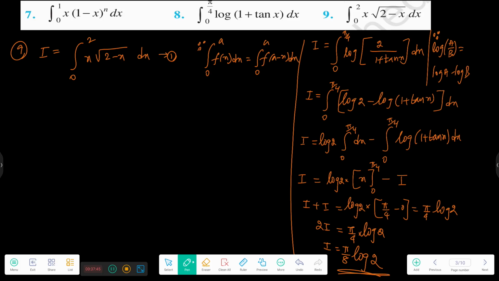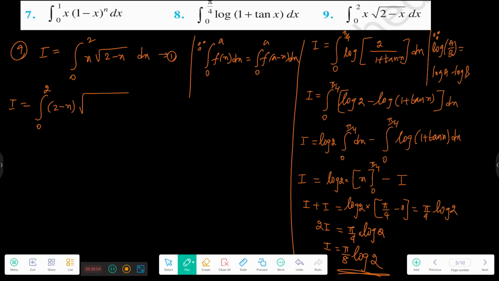This property we can use. Means instead of x, we can replace a minus x. What is a that you have to apply? Here a value is 2. So wherever you have an x, you want to replace it with 2 minus x.